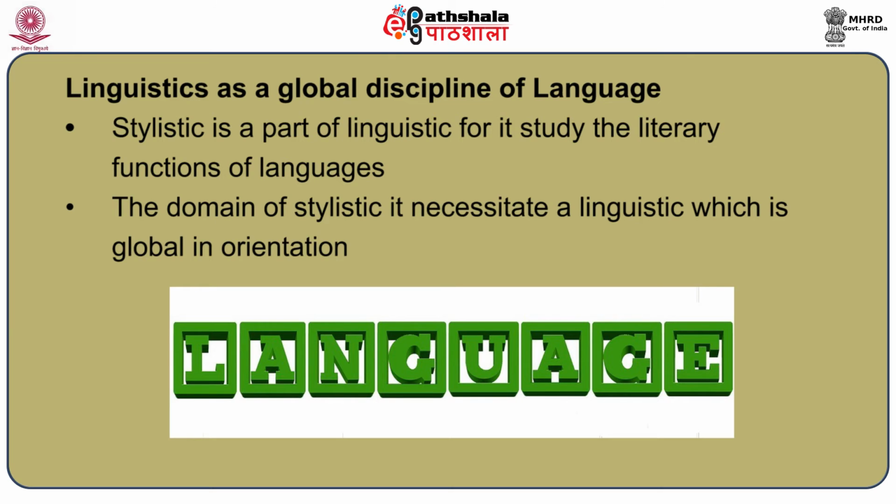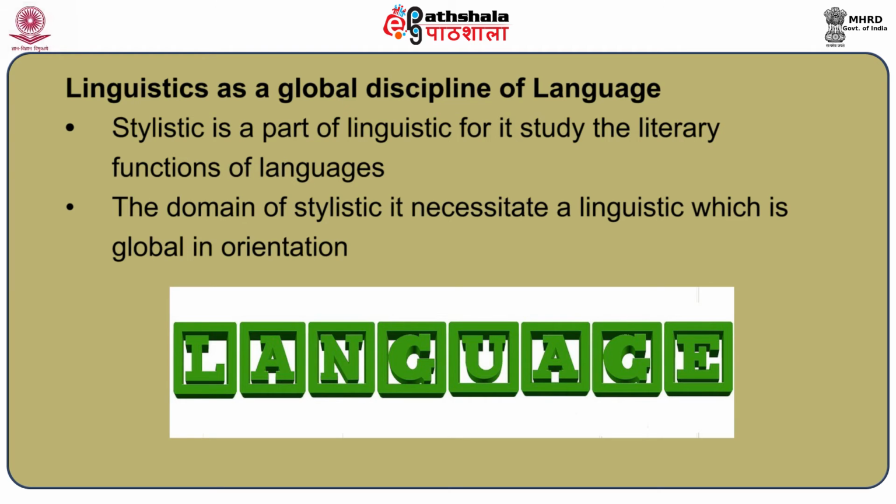So, what we can say is that there is a broad and narrow conception of the discipline of linguistics. Our approach is going to be a wider approach. In the wider sense, if linguistics is the global discipline that studies the various functions and uses of language, then stylistics becomes a part of linguistics, for it studies the literary function of language.